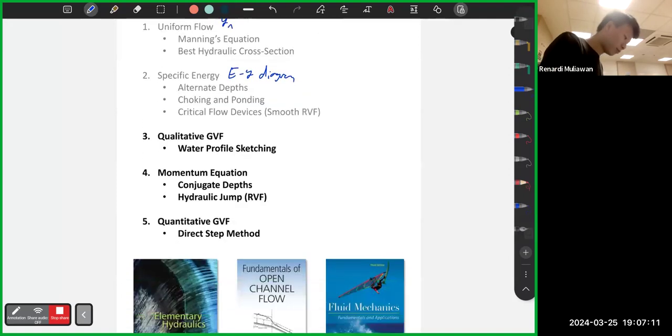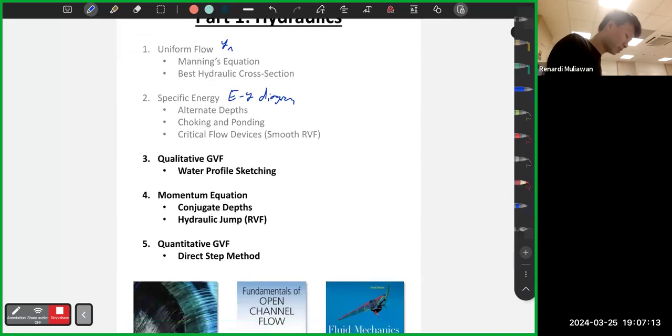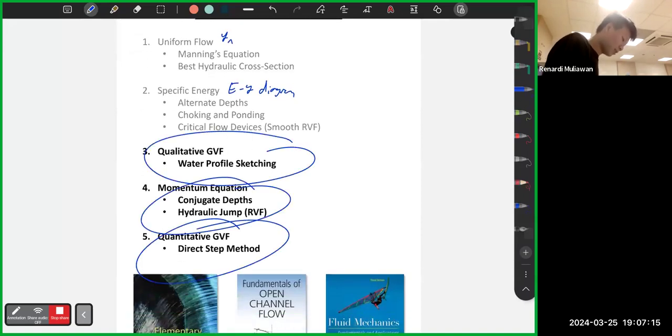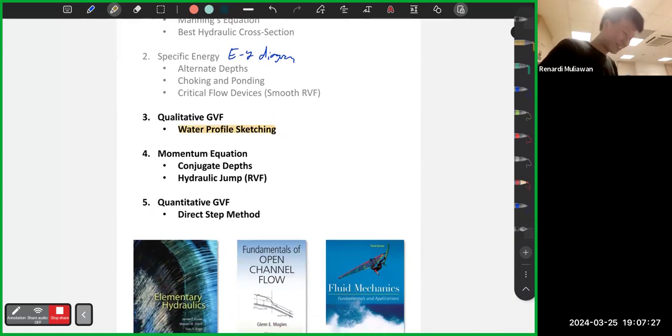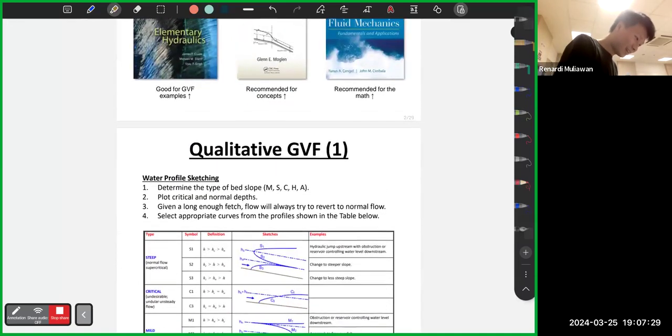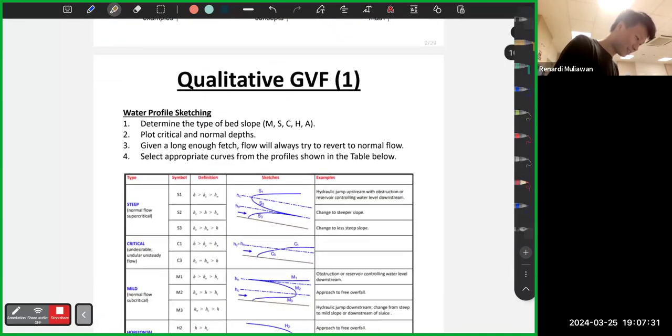Now we're going to the second half of hydraulics, which is these three. The most important part here is actually the water profile sketching. It will take a while to explain, but once you know it, it's actually quite easy. So let's just do it.